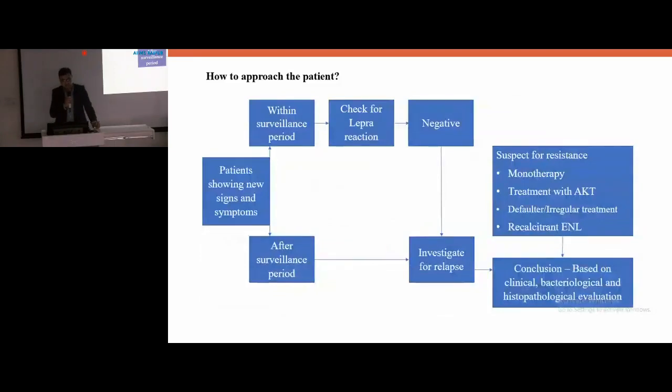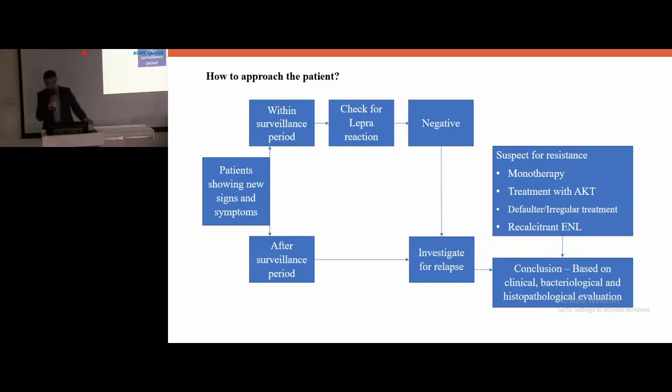So this is what I want to stress again. Whenever the patient presents to us, first we will adjudge whether the patient is presenting within the surveillance period or not. That would be our first checkpoint. If the patient is presenting within the surveillance period, most likely relapse is out of the question and we will check for lepra reaction.